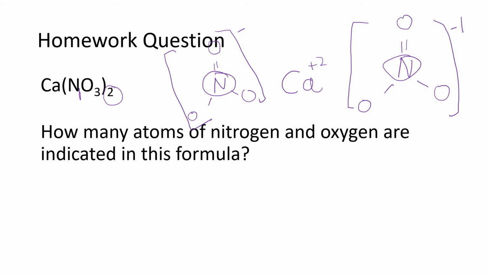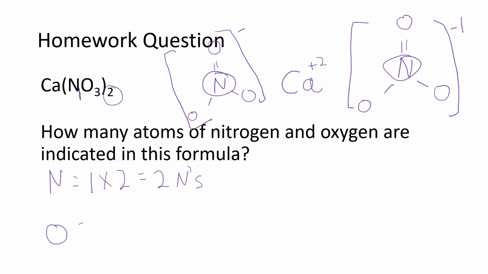So when you have subscripts and parentheses, to find the number of something that's inside the parentheses, you multiply the subscript inside the parentheses times the subscript outside the parentheses. So if we're going to follow that pattern for nitrogen, it's going to be the 1 that's inside times the 2 that's outside, which means there are 2 nitrogens in there.